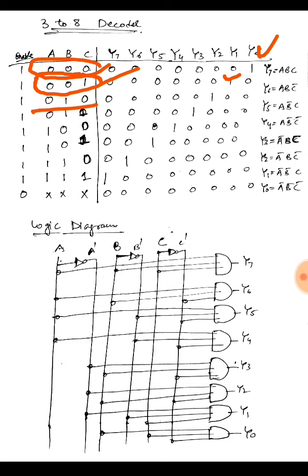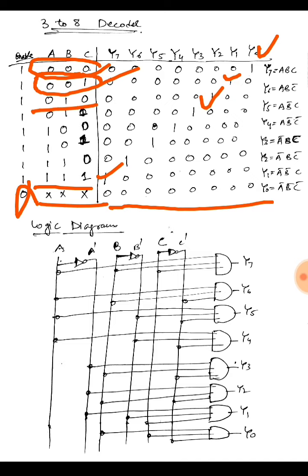If I have 0 1 0, then Y2 would be high, and similarly if all of them are 1, then the Y7 output would be high. And I have put an enable variable. If enable is high, then only our decoder would work. If it is 0, no matter what the input is, the output would remain 0.